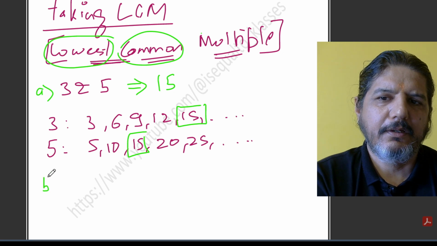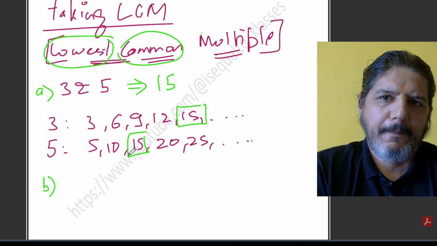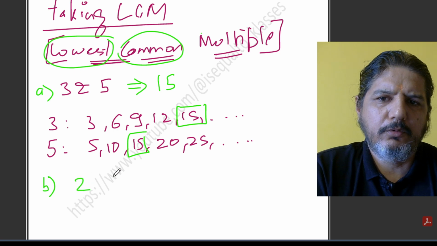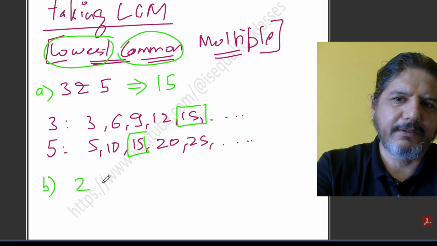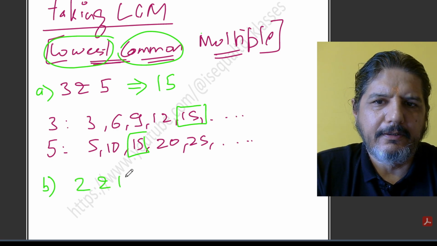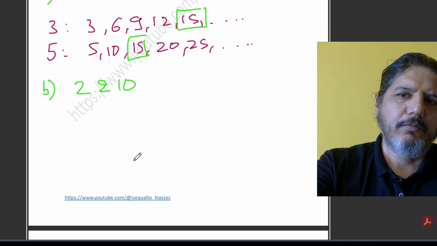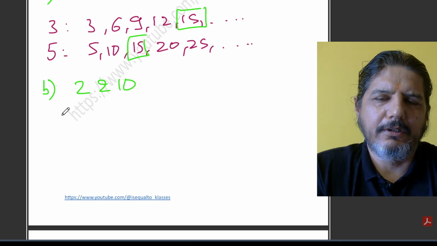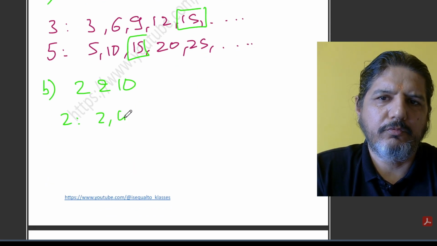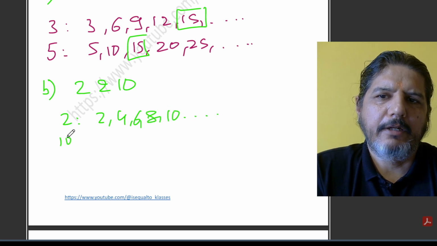Let's take another example. Let me find the LCM of say 2 and 10. I'm taking a very simple example so that you understand the concept. Now you can write the first multiples of 2: 2, 4, 6, 8, 10 and so on. Multiples of 10: 10, 20, 30, 40, 50.